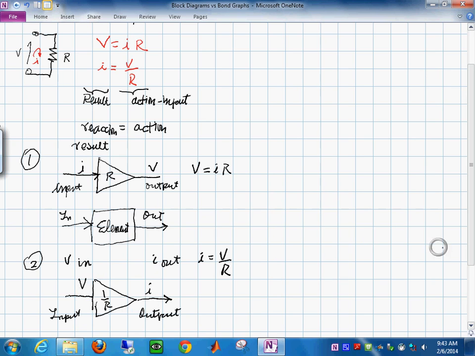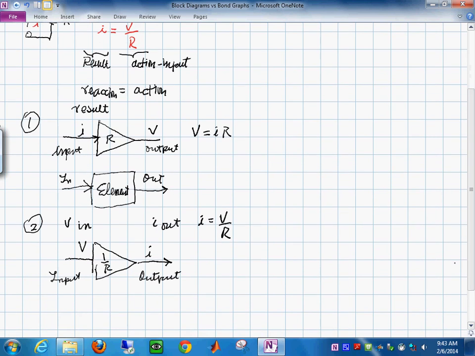These words can be changed. You could say this is the action, this is the reaction. Or this gets into a technical term.